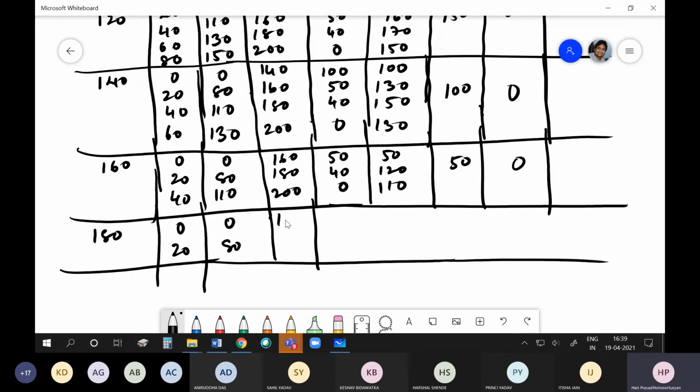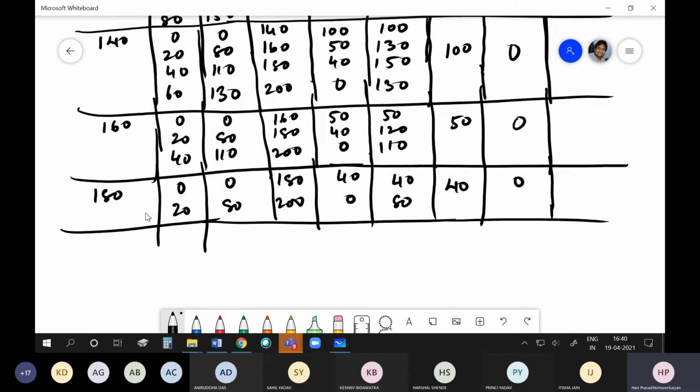This will become 180, 200 and this will be 40, 0. So 40, 80. 40, 0. Okay, so this completes the second stage.